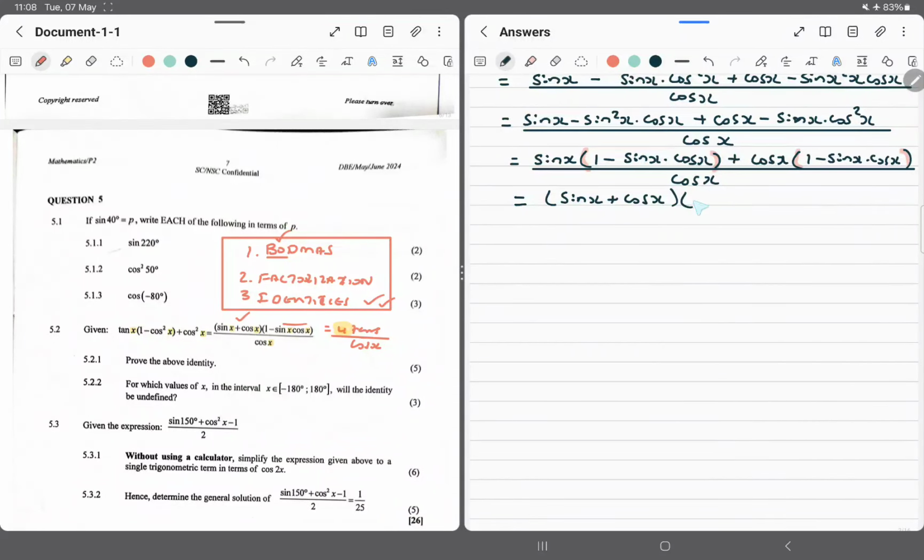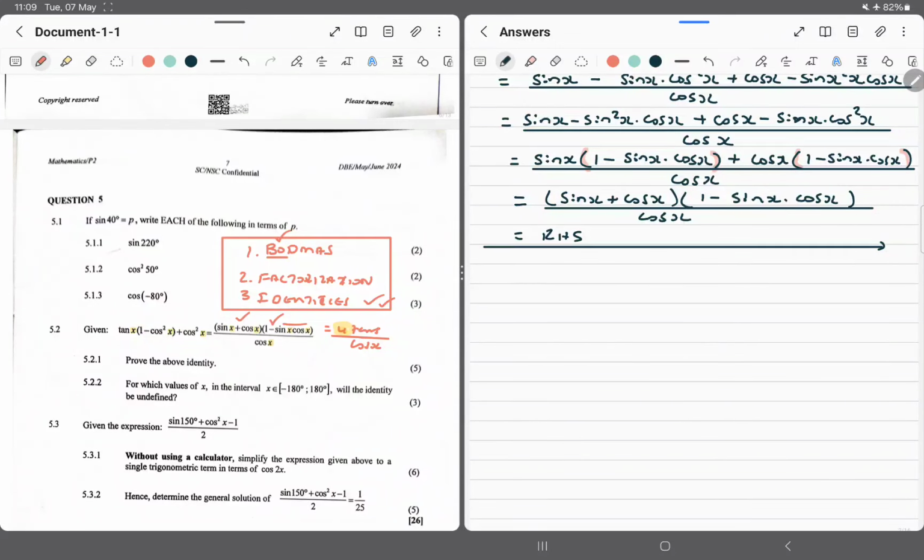And then this is 1 minus sine x cos x over cos x. So that is equal to the right hand side. The identity has been proven nicely. So here it just needed us to inspect.